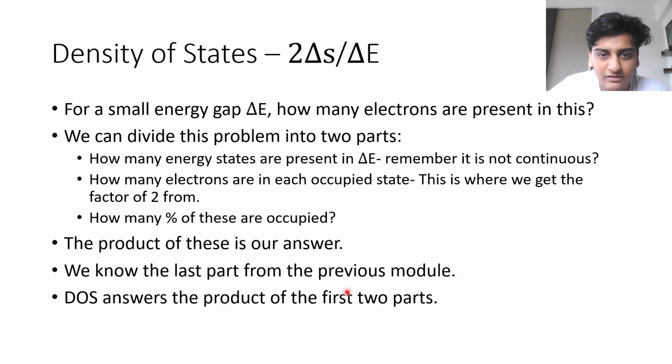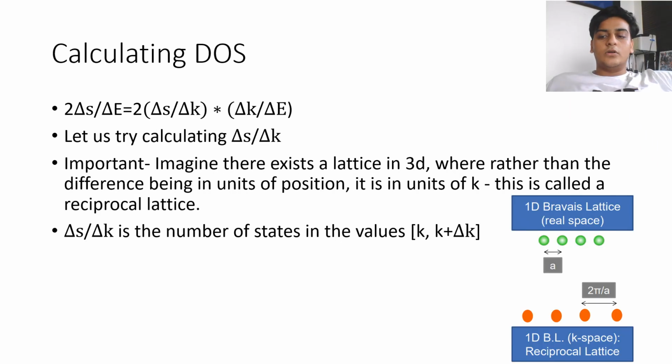So density of states, which is this 2 delta S by delta E, is actually answering the product of the first two parts, which is these two parts. So that is what we are getting into. I hope it's clear what density of states means, and if it is, we can move on to how we will calculate it. Alright, cool.